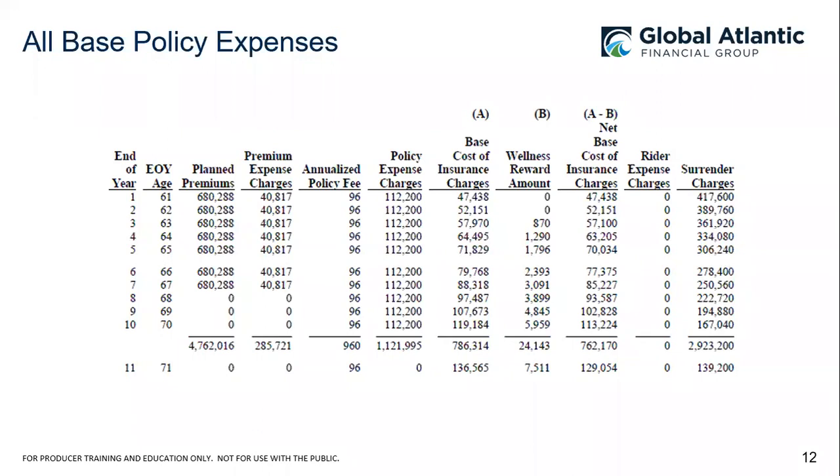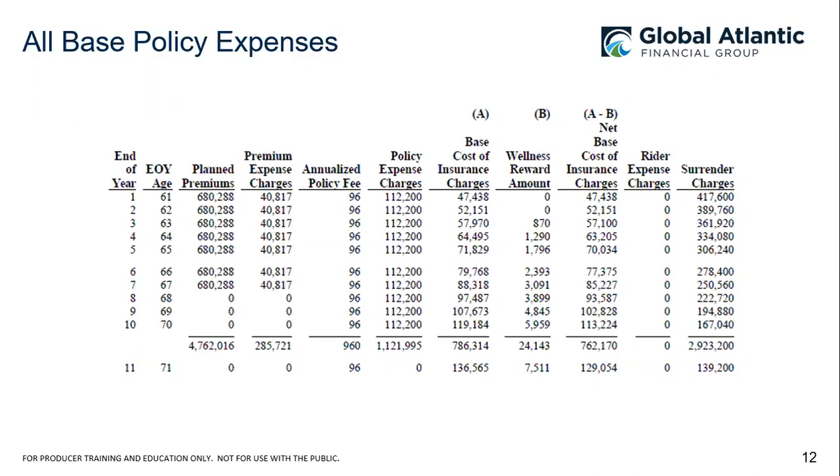So here you can see what our planned premiums are, what the premium expense charge is. A lot of people call that a sales load. It's 6% of the premium, the annualized policy fee, the policy expense charge, the COI, which is basically the actuarial cost of the client passing away.